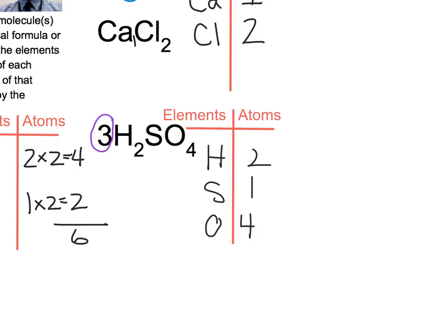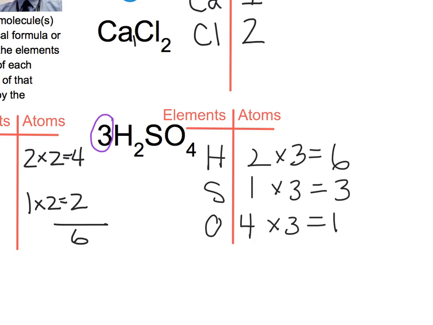So let's multiply. That gives us a total of 6 hydrogen atoms, 3 sulfur atoms, and 12 oxygen atoms. The grand total of atoms in this formula comes out to 21, because 6 plus 3 plus 12 gives us all of the atoms in all of the molecules for sulfuric acid.